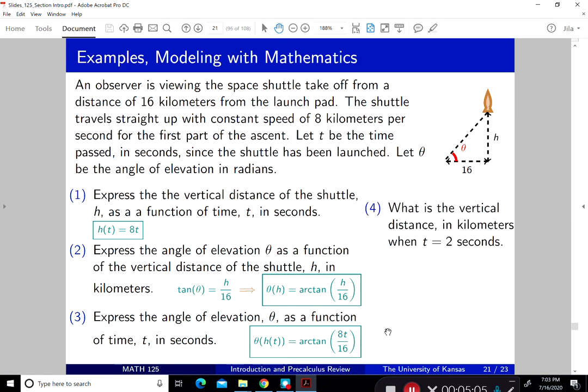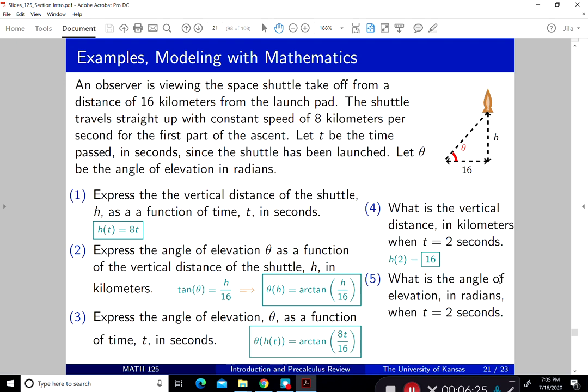So the next question is, what is the vertical distance in kilometers when t is equal to 2 seconds? I look at this part, that's the vertical distance h in terms of time. I plug in 2 in here and I get 16.